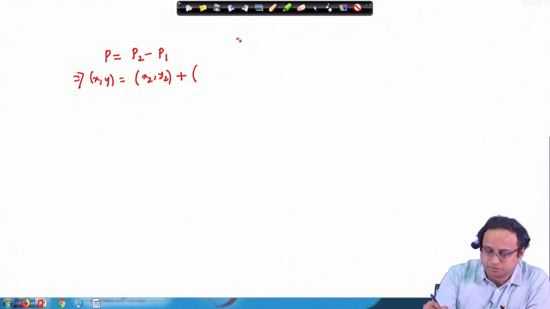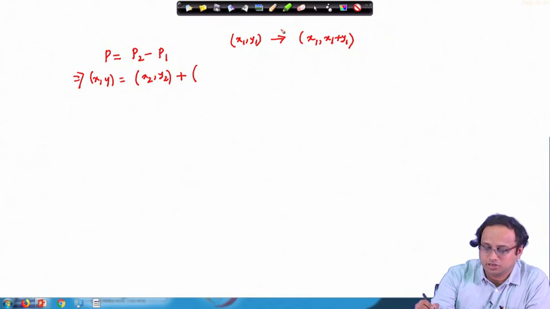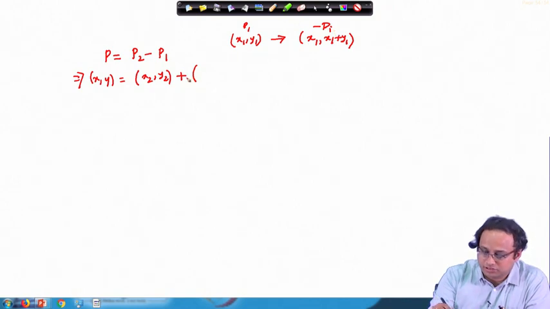So, what is minus P1? Remember that we derived this: if x1 comma y1 is P1, then minus P1 is nothing but x1 comma x1 plus y1. So, if this is P1, this is your minus P1. Therefore, this is nothing but addition with x1 comma x1 plus y1.